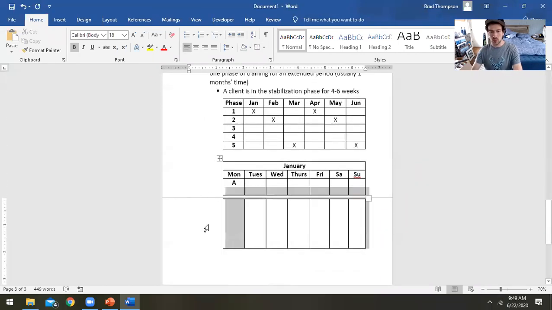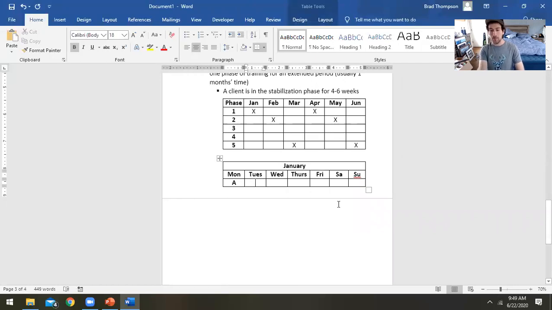Okay, I would do workout A on Monday, workout B on Wednesday, and then let's just say I go back to workout A on Friday. I'm doing a 2-day split, right? And then this is their cardio here. So it looks something like this. Workout A on Monday, workout B on Wednesday, workout A again on Friday. Next week, I'm going to do basically the same thing, except that it's going to be workout B first, cardio again, workout A again, cardio, B, cardio, rest.